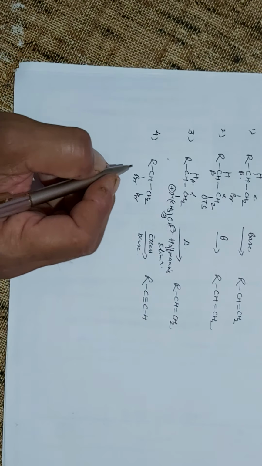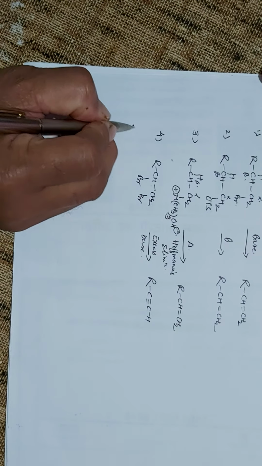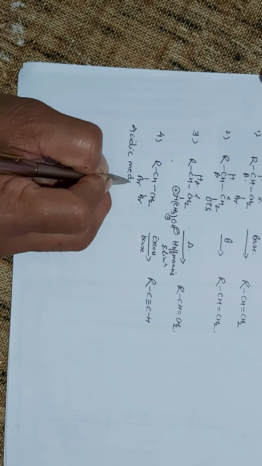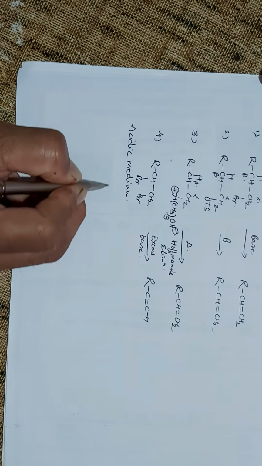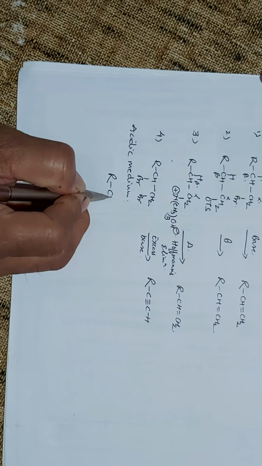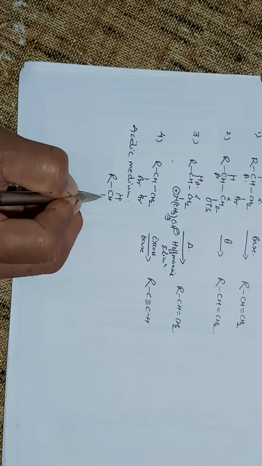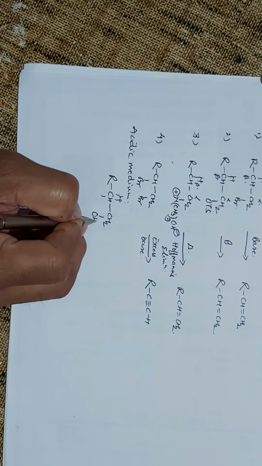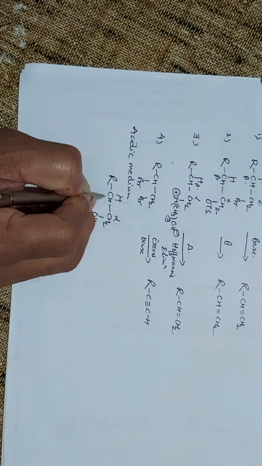You can also study the reactions in the presence of acidic medium, which means elimination reactions can also be carried out in acidic medium. So here RCH2CH2OH, this is alpha, this is your beta.